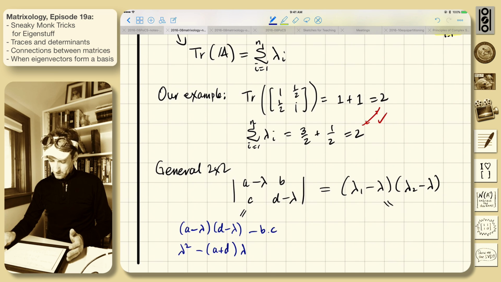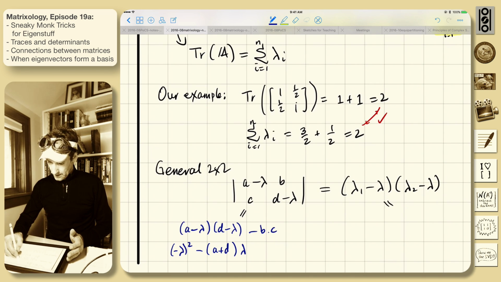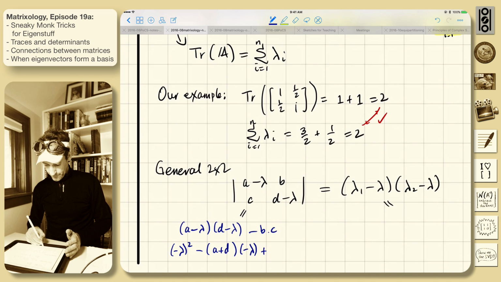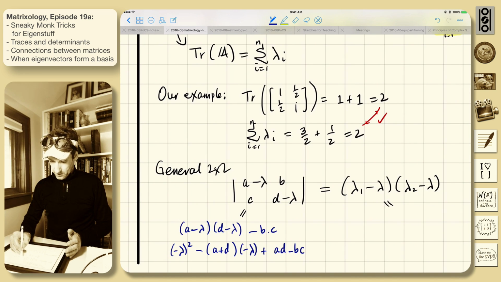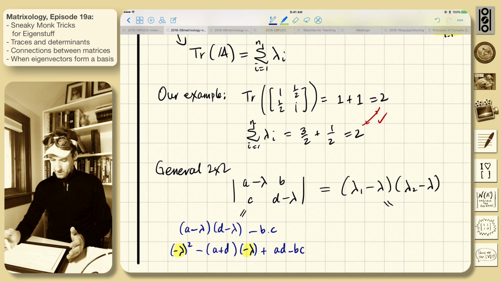And maybe I should do it... let's put a plus here. I'll just keep the minus lambda. Minus lambda squared, and then I want a minus lambda here. Plus ad minus bc.